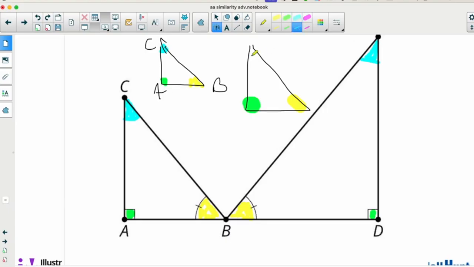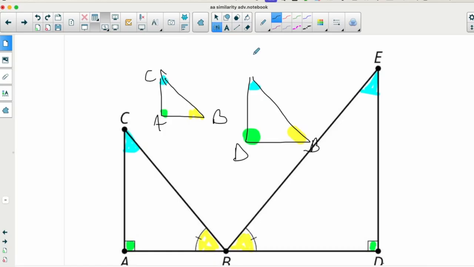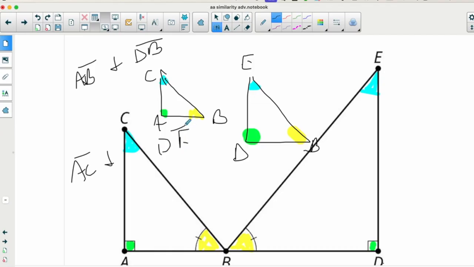And then our angle that's colored in blue up here, which means that this is B, this is D because it matches the color scheme, and this one is E. So side AB and side DB are corresponding sides. Side AC and side DE are corresponding sides. Sorry, I forgot my pen, so I'm using my fingers to write here.